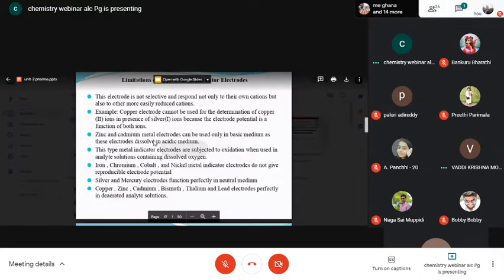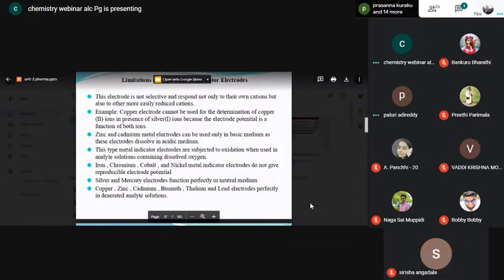According to your theory, I told you that the potential of the indicator electrode is directly proportional to the concentration of its own ions present in the solution. This is what I told you yesterday. Is it clear? So it has to be how much? 1 volt.